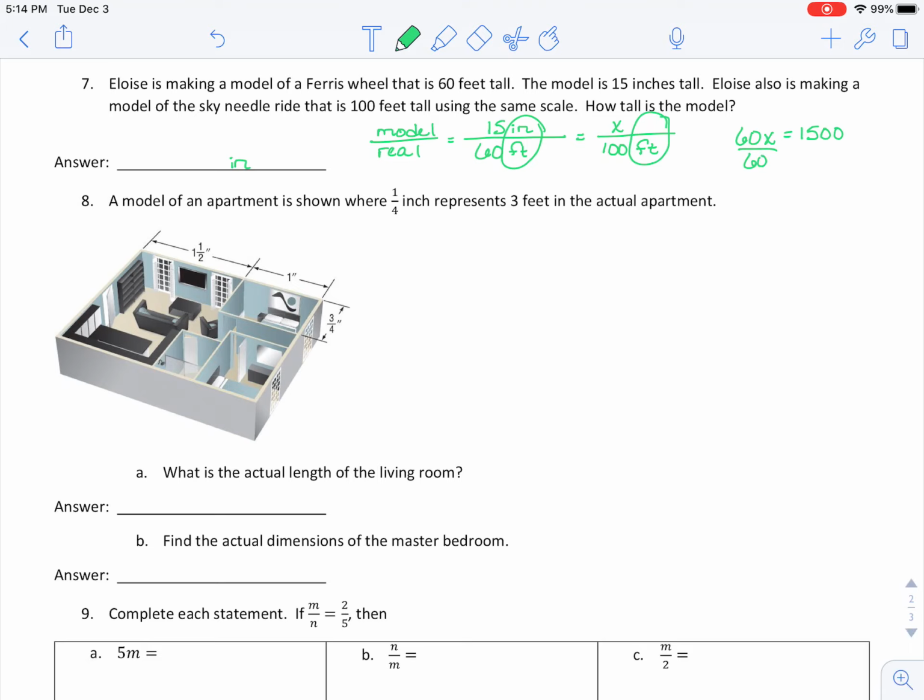And I'm going to divide that by 60 to solve. So that's going to be 25. Yes? I think it's 25. So 25 inches would be the height of the model.